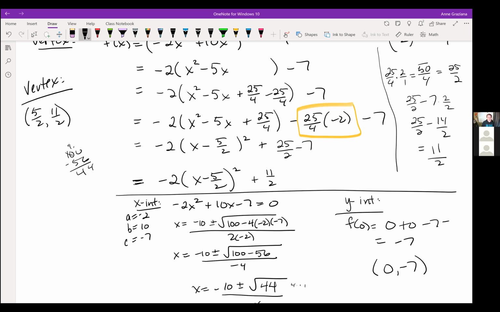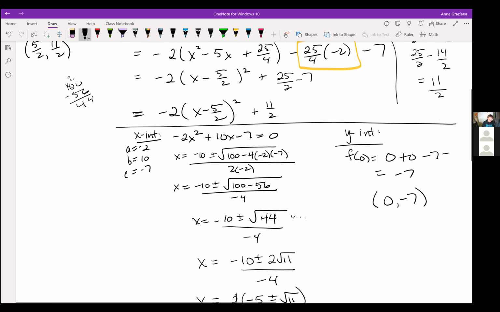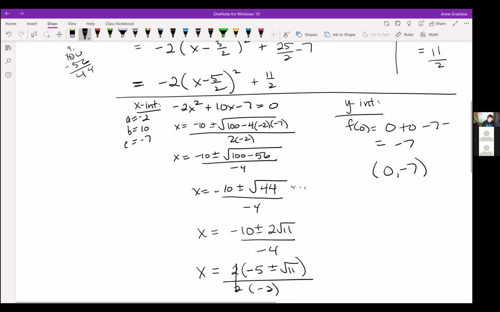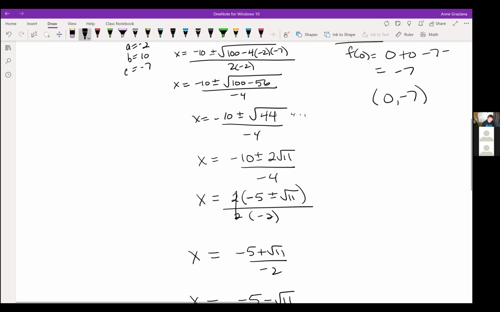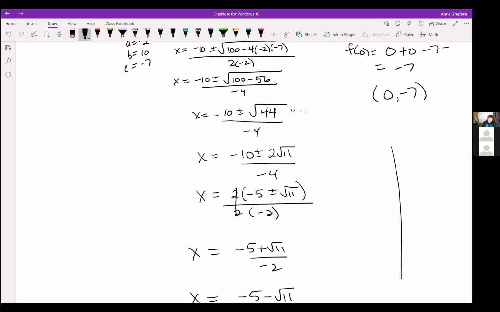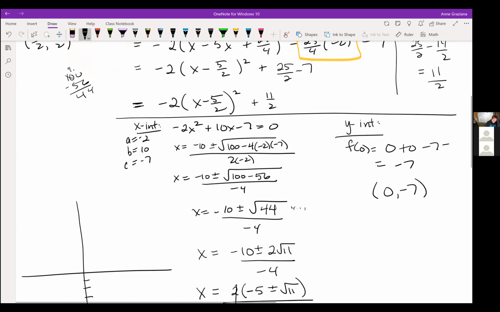All right, so here's the deal. How do we graph this? A lot of ugly points here. Well, let's see. Put it over here, I have a little more space. 0, negative 7. So let's put that on here. 1, 2, 3, 4, 5, 6, 7. There's the y-intercept.